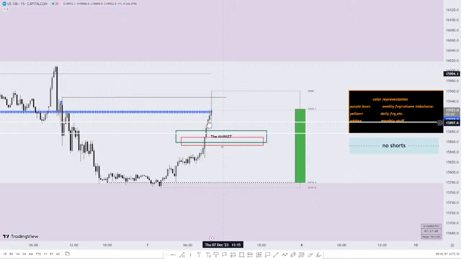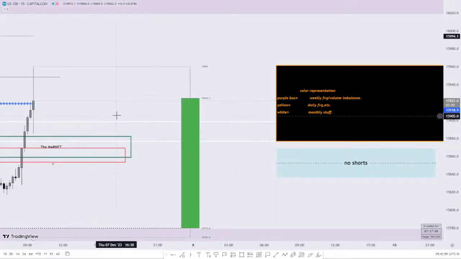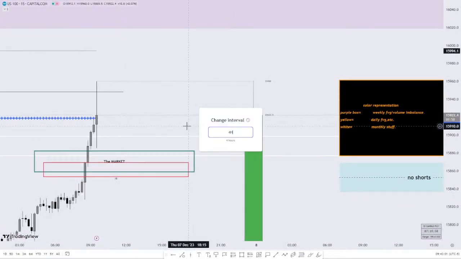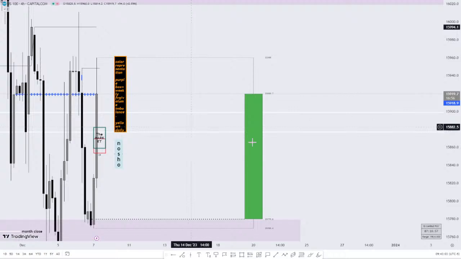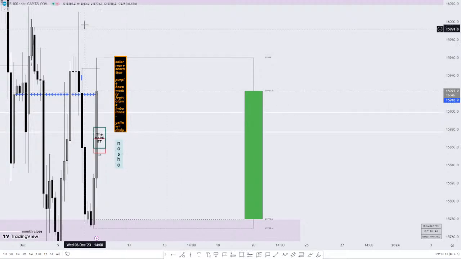The volume imbalance. This candle should close above the volume imbalance, and the volume imbalance should support it. The next 15 minutes, that would be 10 o'clock. We want it to stay above the volume imbalance till 10 o'clock.